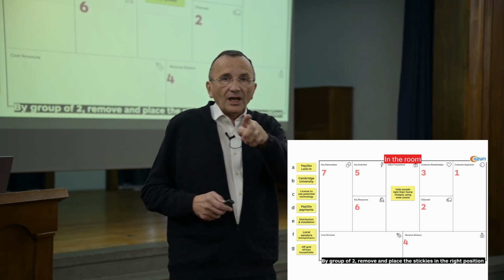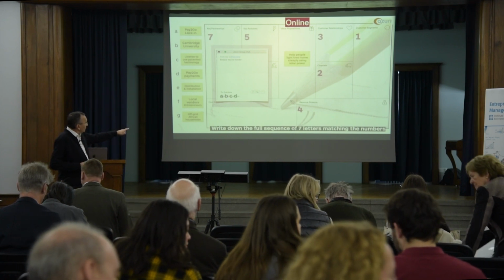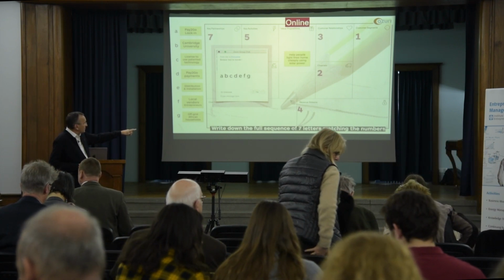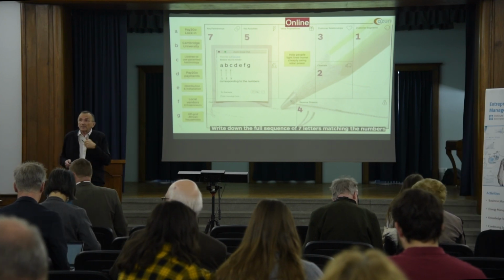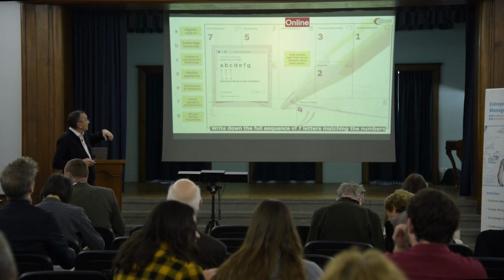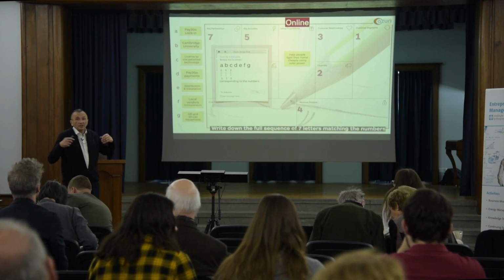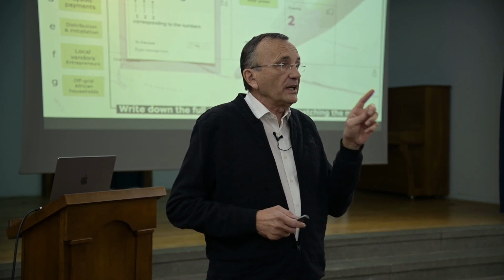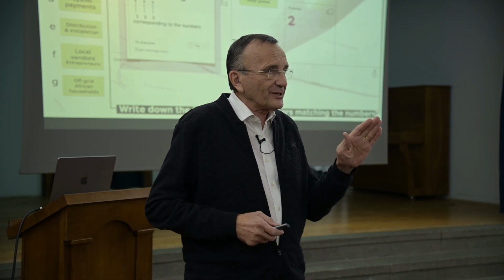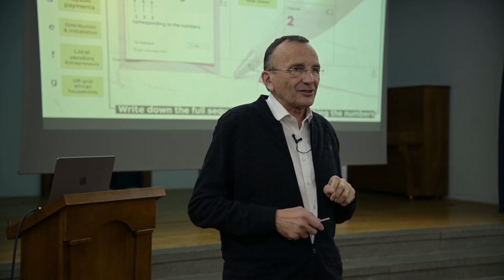Online, you need to write down the full sequence of 7 letters matching the numbers. So 7 letters. The first one corresponds to number 1, customer. The second letter corresponds to channel, customer relationship, revenue stream. It's possible to do in 3 minutes. I will give you, since it's the first exercise, 5 minutes. And after 5 minutes, we will discuss the solution.